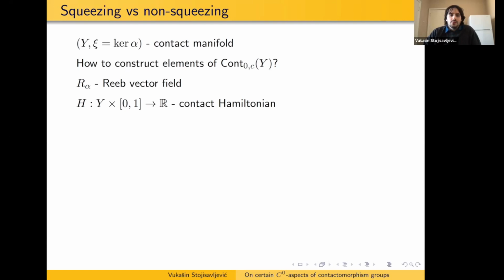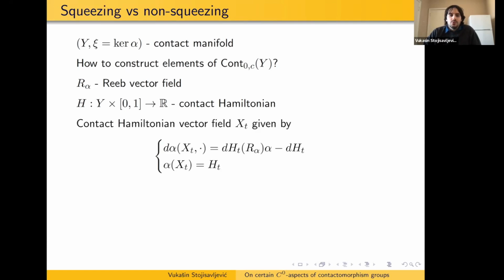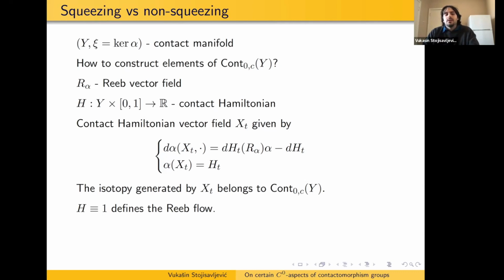A contact Hamiltonian is just a time-dependent function, and then you solve this system of linear equations. It always has a solution. And in fact, you can show that what is generated by this vector field is indeed a contact isotopy. We don't really need to remember all of this. I just want to say that there are a lot of examples. It's similar to the Hamiltonian case. For example, if you plug in H exactly equal to 1, you will get back the Reeb flow.